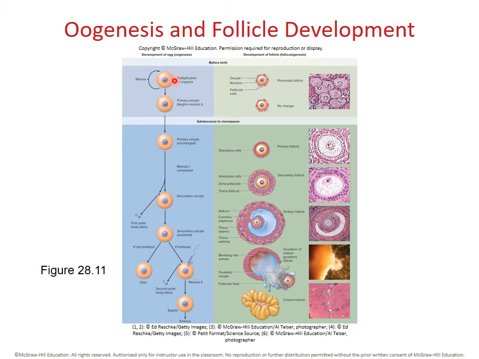These original oogonia and the primary oocytes that remain in the embryo and fetus are all in what we call the primordial follicles, the ones lined with simple squamous epithelium. All right, during adolescence, remember, we start to stimulate cohorts of about 24 primary oocytes to continue with the meiotic division.